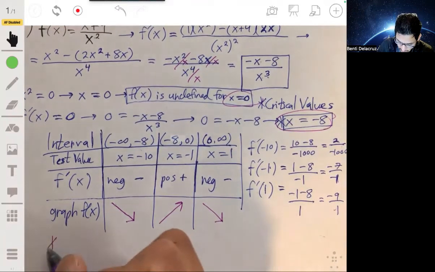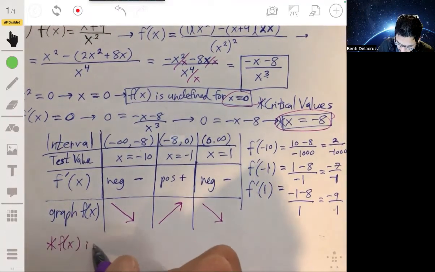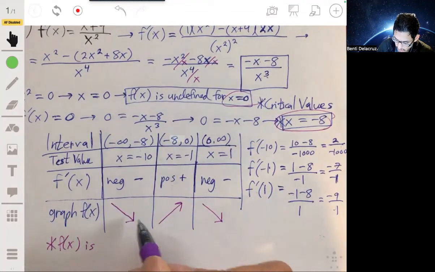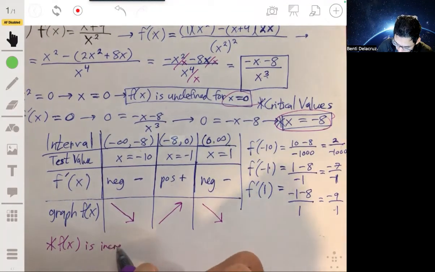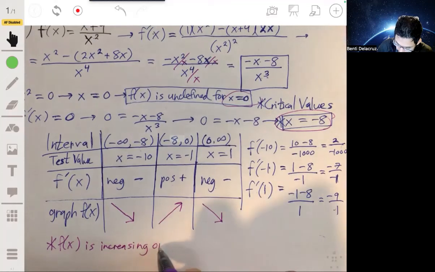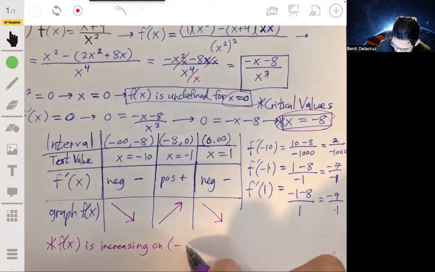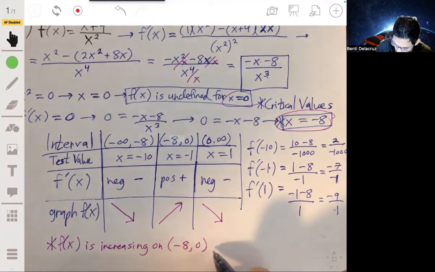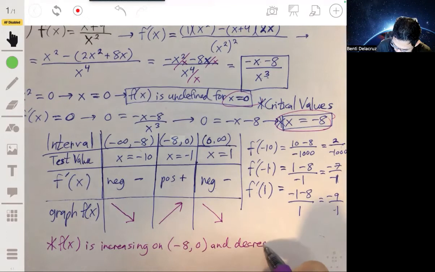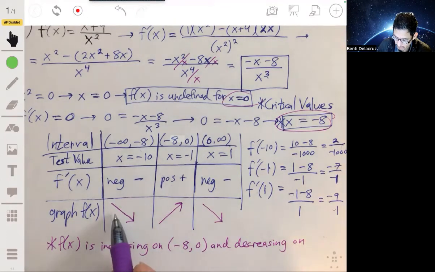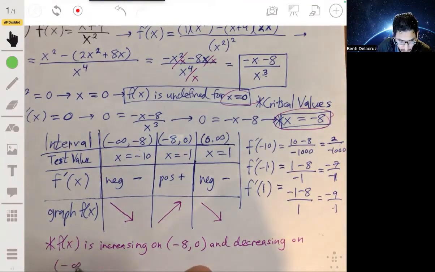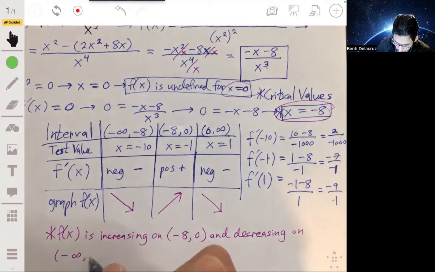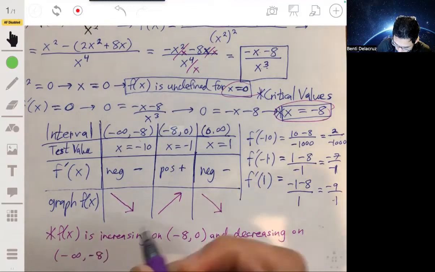I can just write f of x is increasing on -8 to 0 and decreasing on -infinity to -8 and then 0 to infinity.